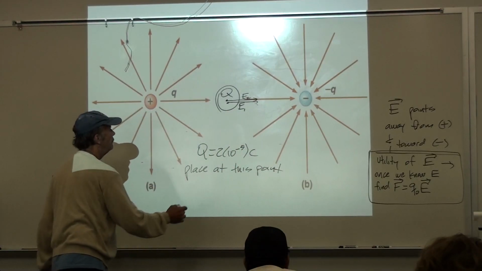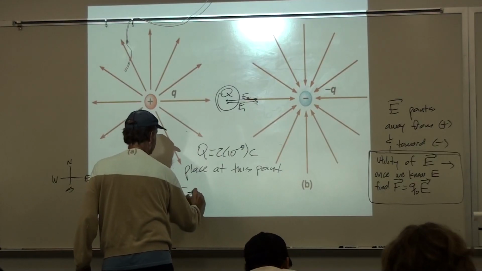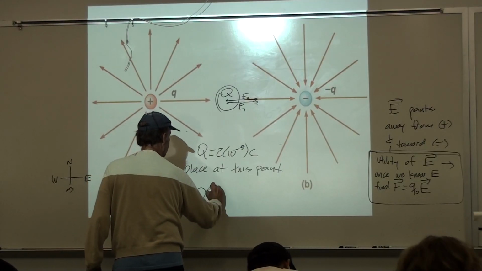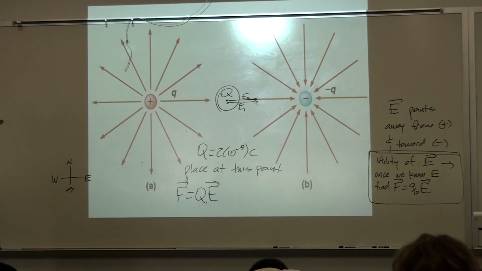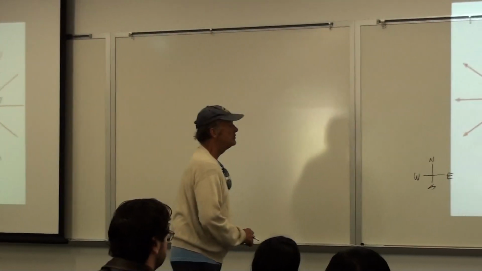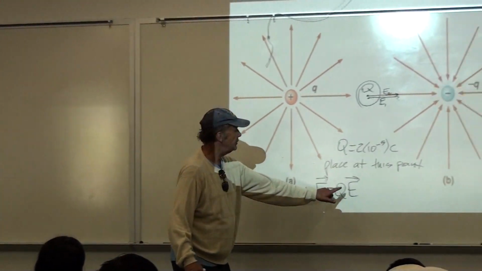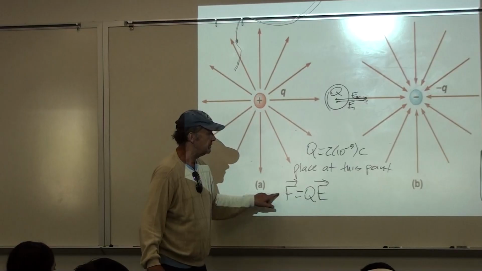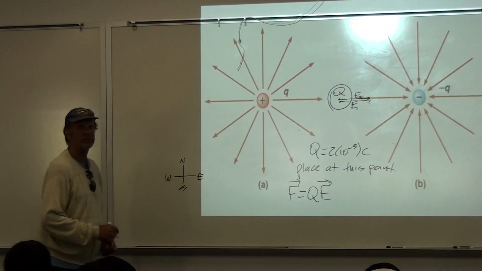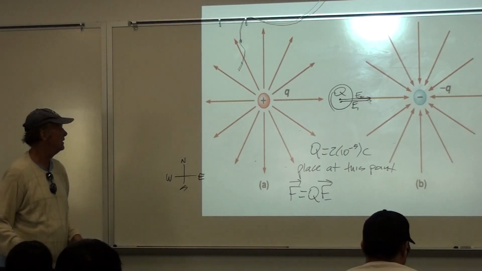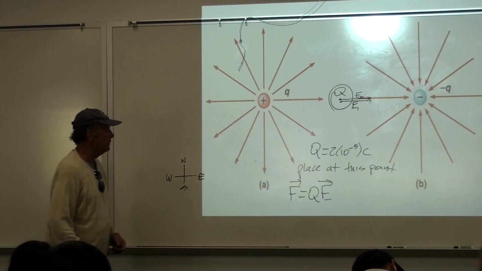Then you're going to have a force, F, that's equal to Q times E. Because remember, electric field was force per unit charge. So therefore, and you can see the units, newtons per coulomb times coulombs is newtons. Okay, so this is kind of the equivalent of F equals ma with gravitational problems.